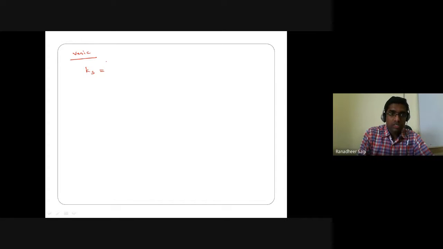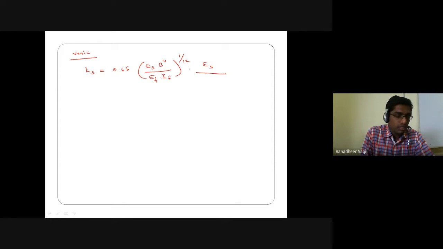That expression is given as 0.65 times ES times B to the power of 4 divided by EF into IF, whole to the power of 1 by 12, times ES divided by B into 1 minus mu S whole squared. This is the expression we have, and here what does each term refer to?